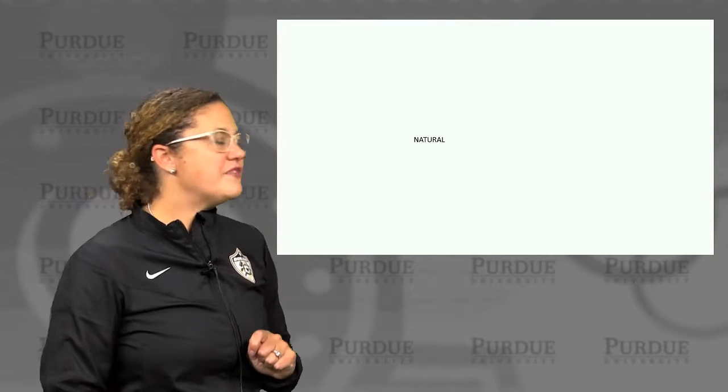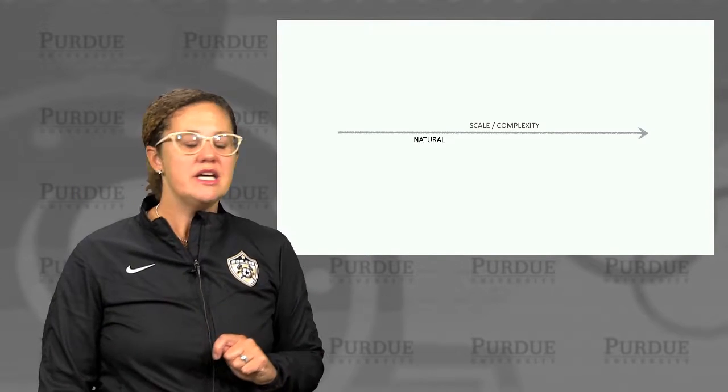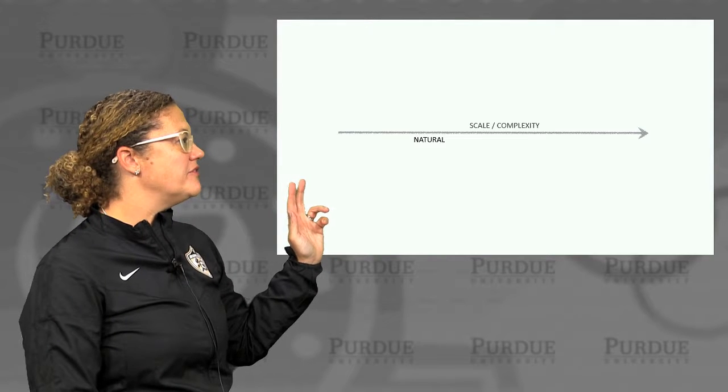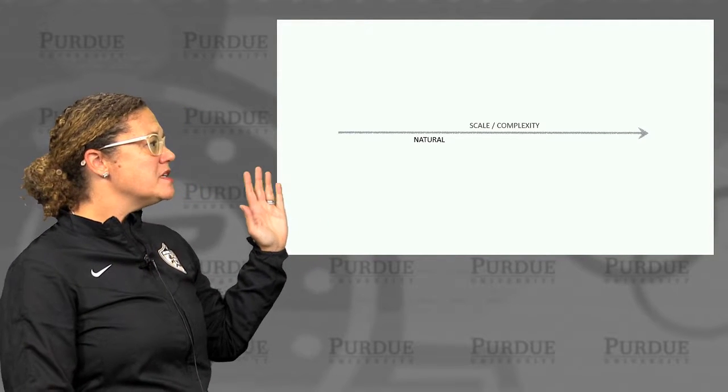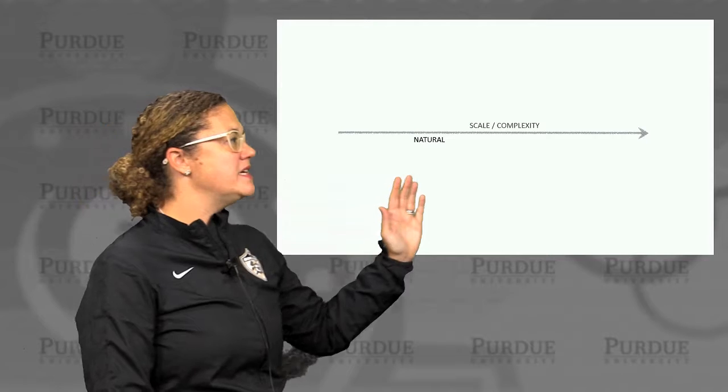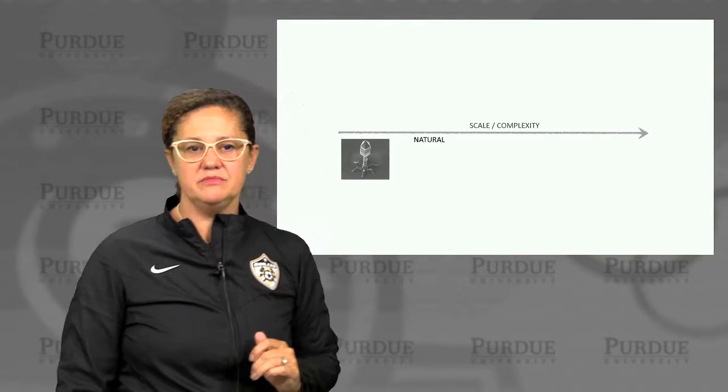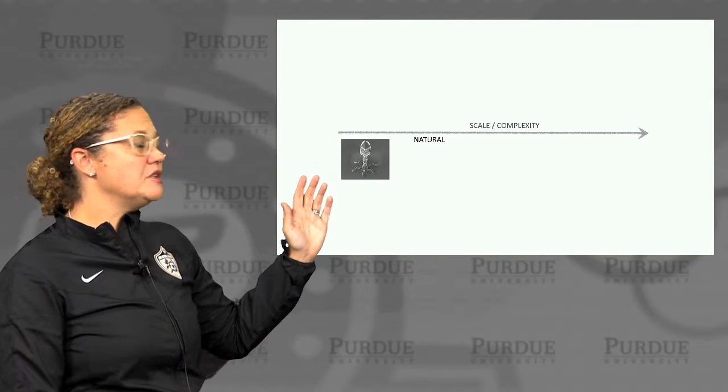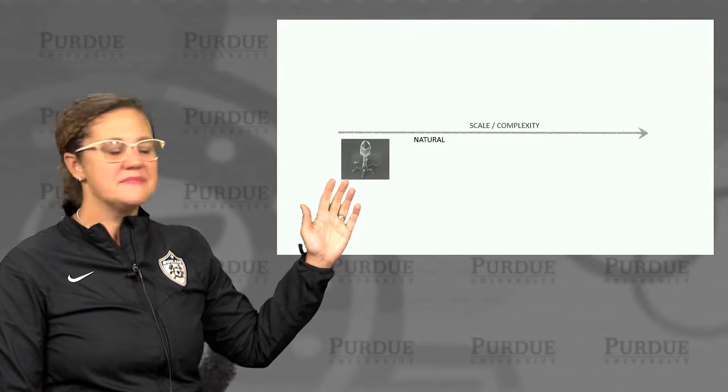So, if we think about our natural world and put this on a scale of going from small scale or small complexity to a larger scale. And in our natural world, let's start with viruses.